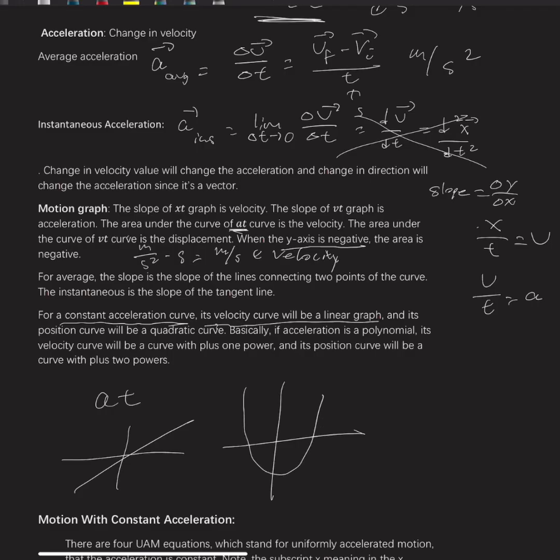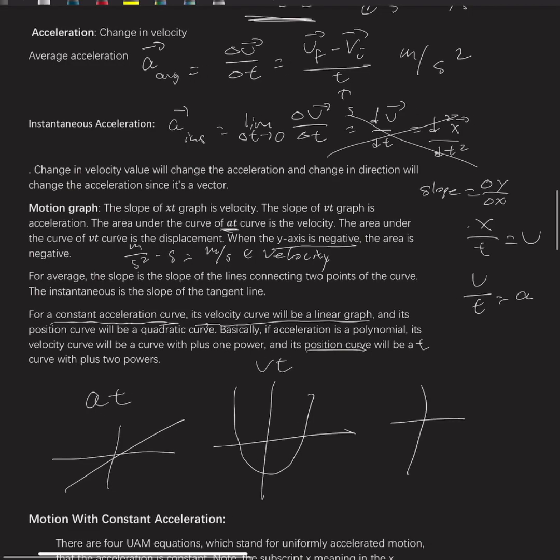It might look something like this, v-t. And its position curve will be the a-t curve plus 2 powers, which means that it might look something like this, the third power curve.